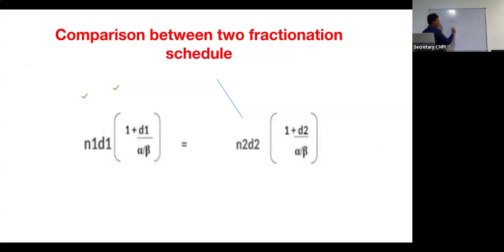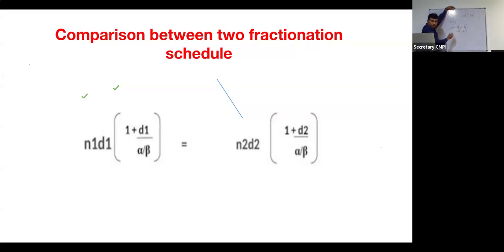So for 30 gray in 10 fractions, use this and calculate BED. 30 into 1 plus D by alpha by beta, so 30 into 1 plus 3 by 10. You calculate BED. Now for 5 fractions, again you use the same equation, ND into 1 plus D by alpha by beta. What is the BED here? 1.3 into 30, right?